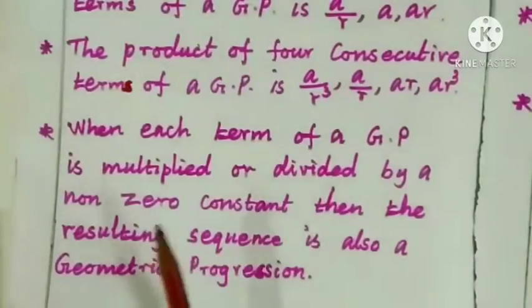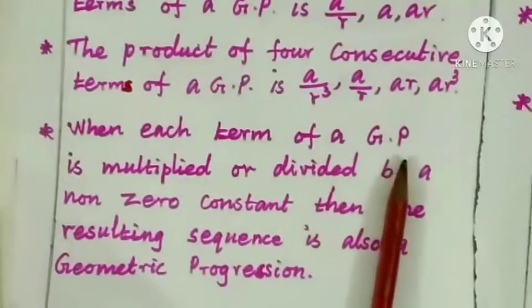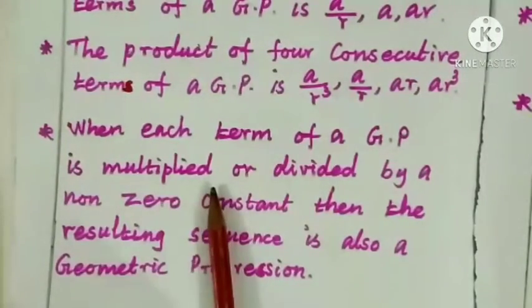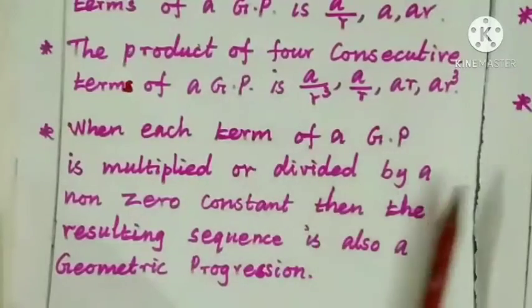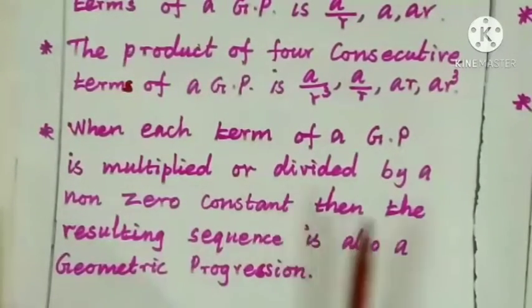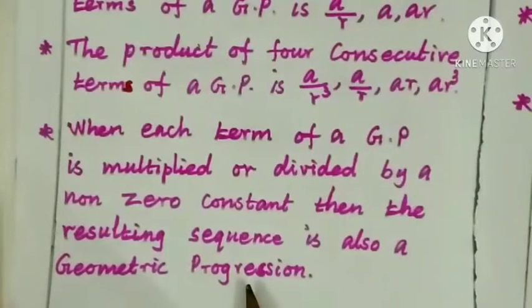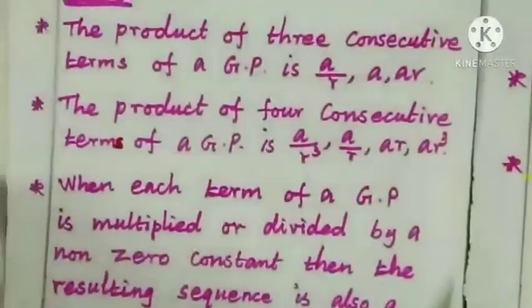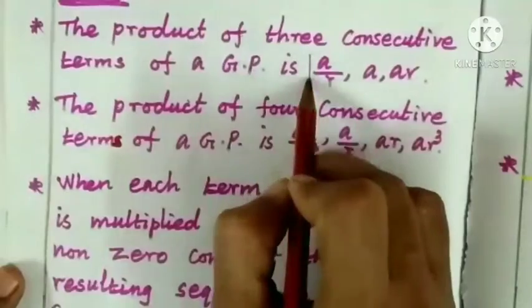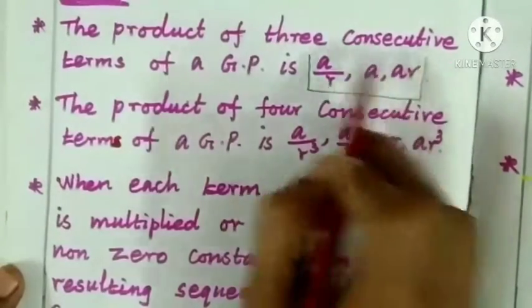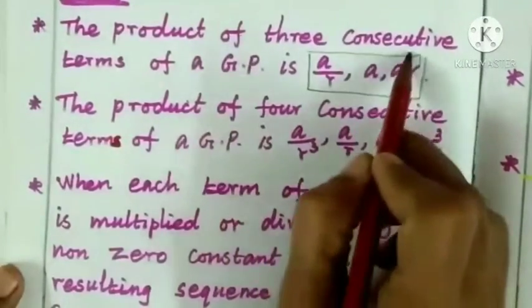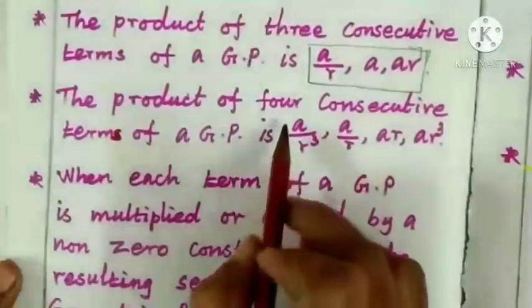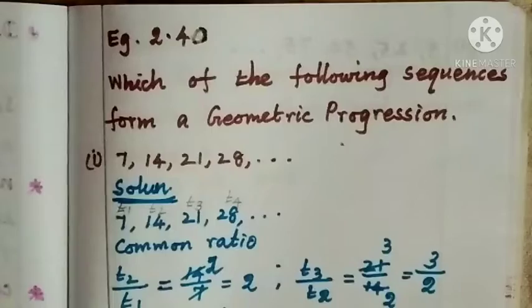Then the last point: when each term of a GP is multiplied or divided by a non-zero constant, the resulting sequence is also a geometric progression. These are the important points of GP. Two things you have to remember because they are used to do the sums.